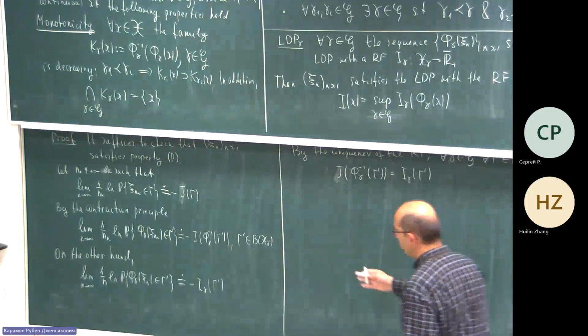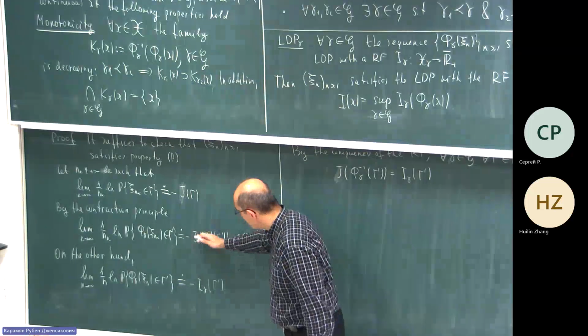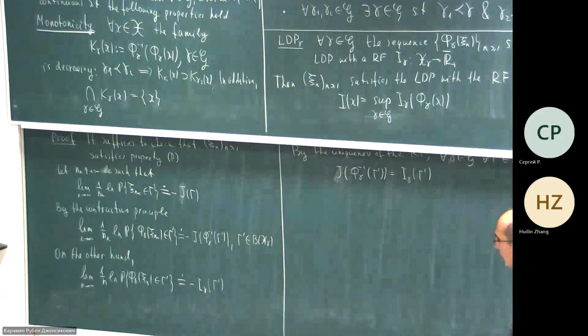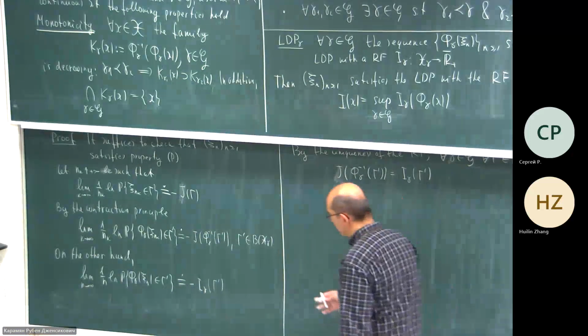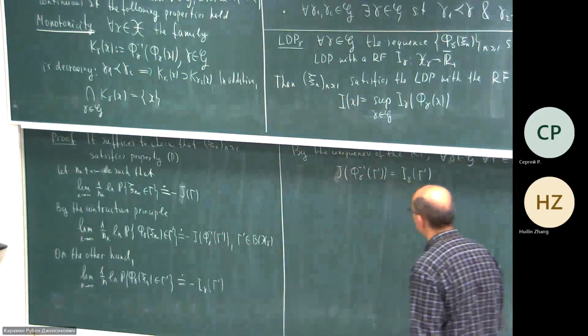Right, so with the uniqueness principle for the same sequence, these rate functions will be the same, or the rate functions should coincide on all sets.